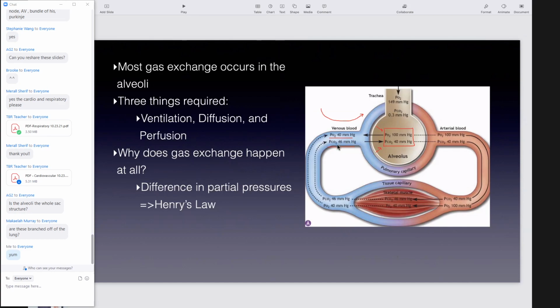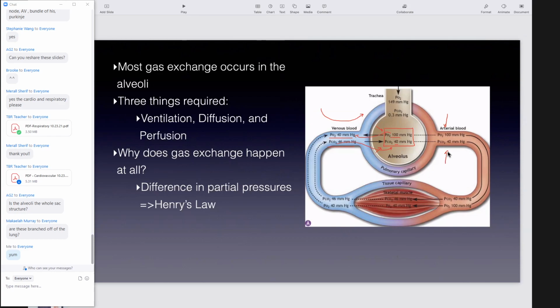This high partial pressure of carbon dioxide, 46, is going to diffuse to this 40. That's the air in the alveoli. And the partial pressure of oxygen, about 100, is going to diffuse towards the 40. So by the time it leaves the alveoli and that diffusion has occurred, arterial blood has a lot more oxygen than carbon dioxide. The partial pressures are 100 and 40 respectively.